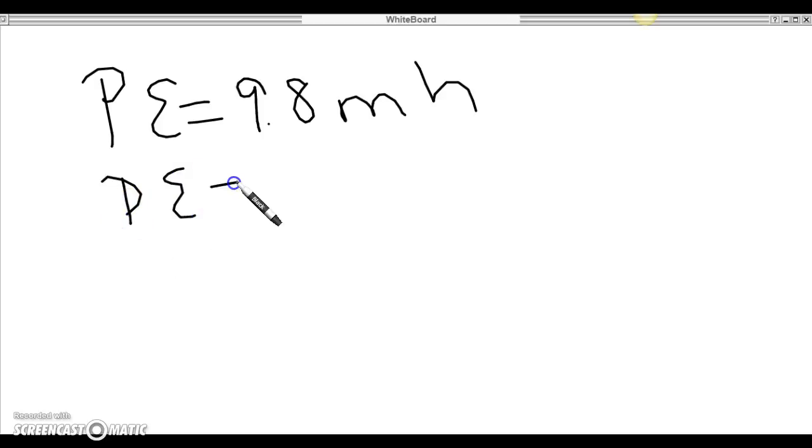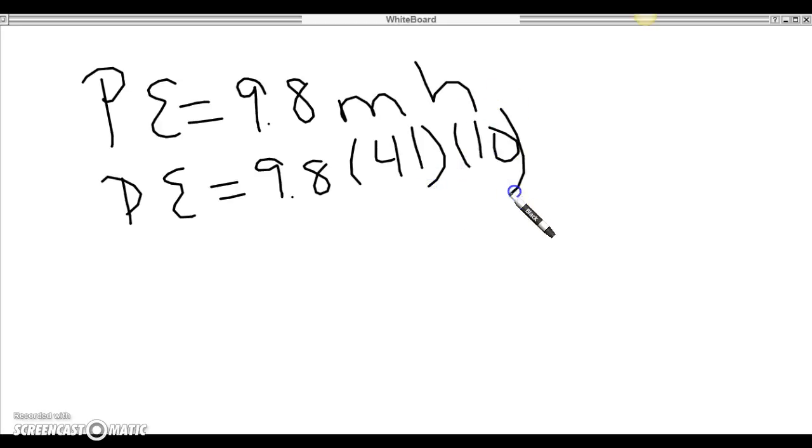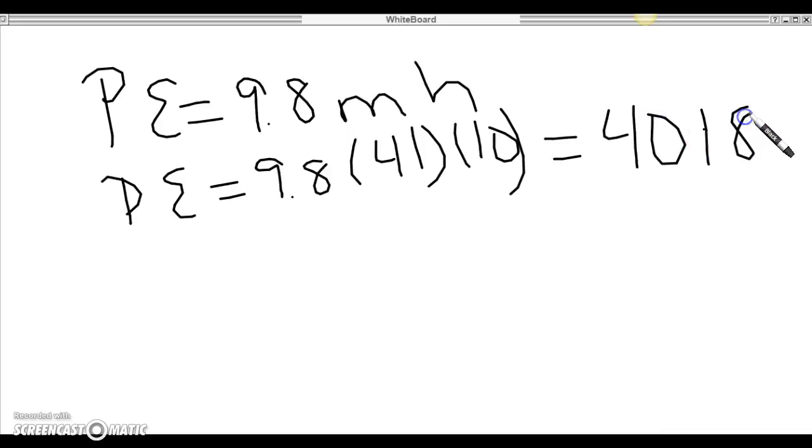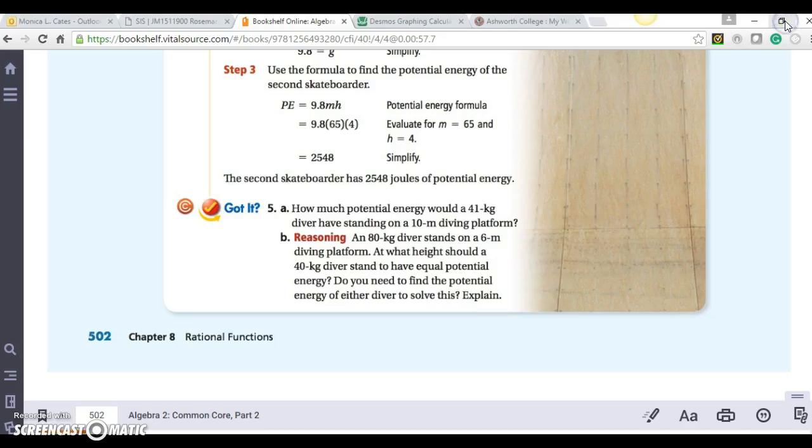So let's include that. So 41 grams, and the height is 10 meters. And when we evaluate that, we should get 4,018 joules. Okay, so the potential energy for that diver is 4,018 joules.